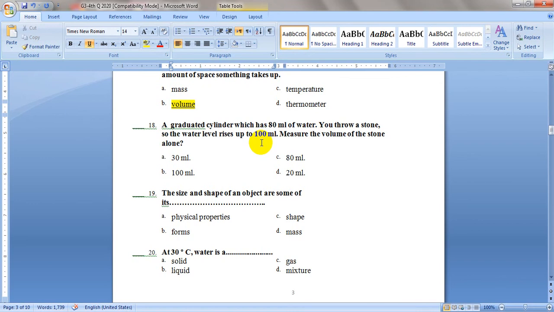The volume of the stone alone is 30 milliliters, 100 milliliters, 80 milliliters, or 20. What should we do here to find out the volume of the stone alone? We will subtract 100 minus 80, so it will be 20.